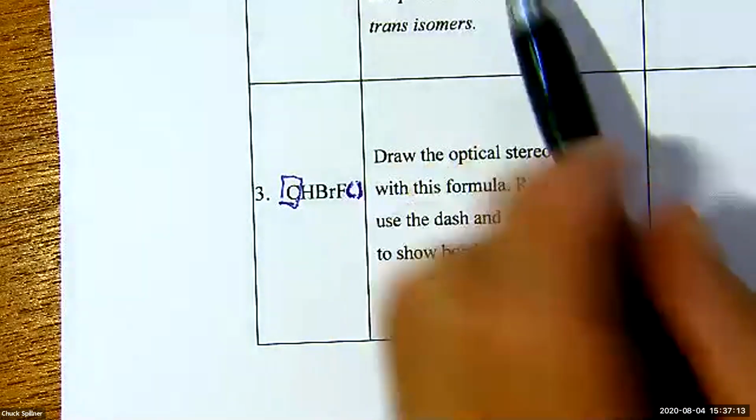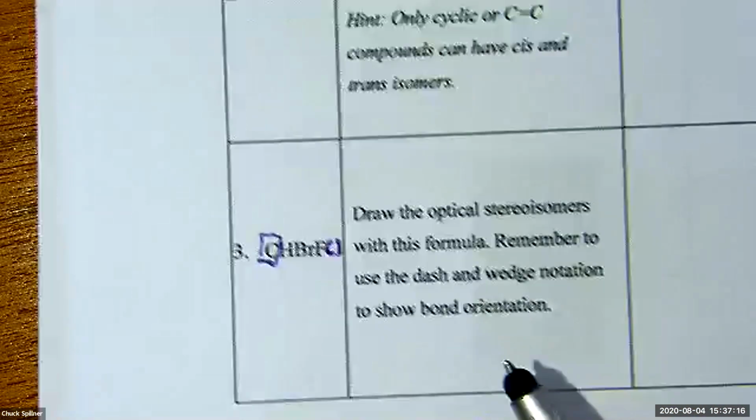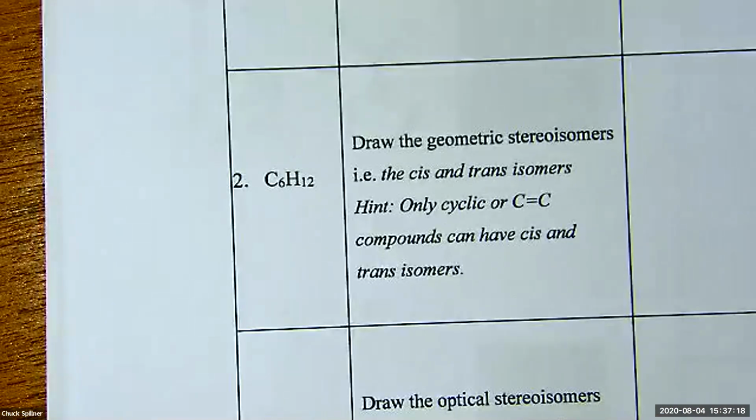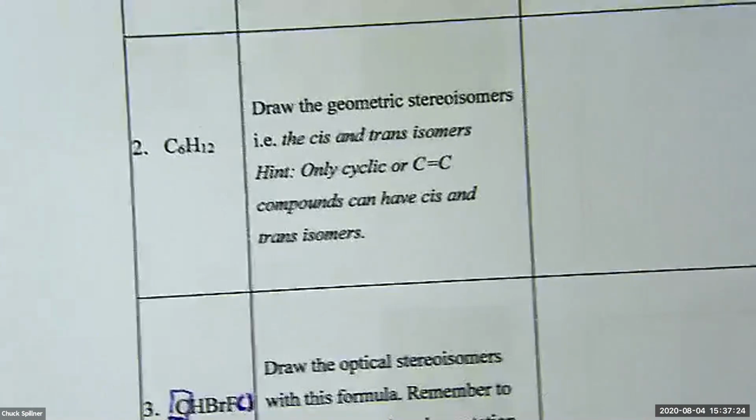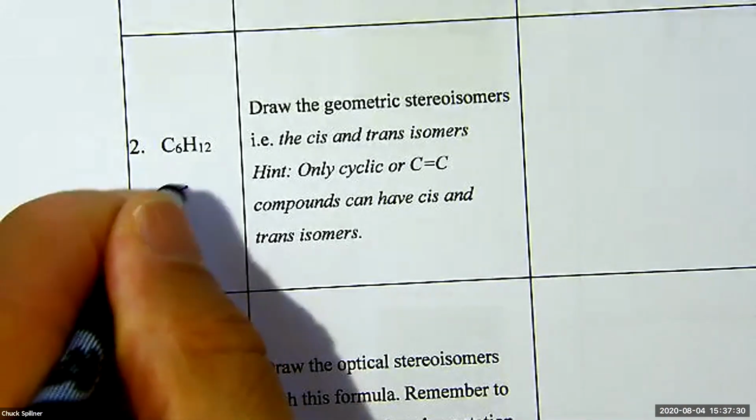So I'll do this and draw the geometric isomers of C6H12. C6H12, that would be a ring. If I just drew the structure that comes to mind immediately for C6H12, it's something that looks like this.